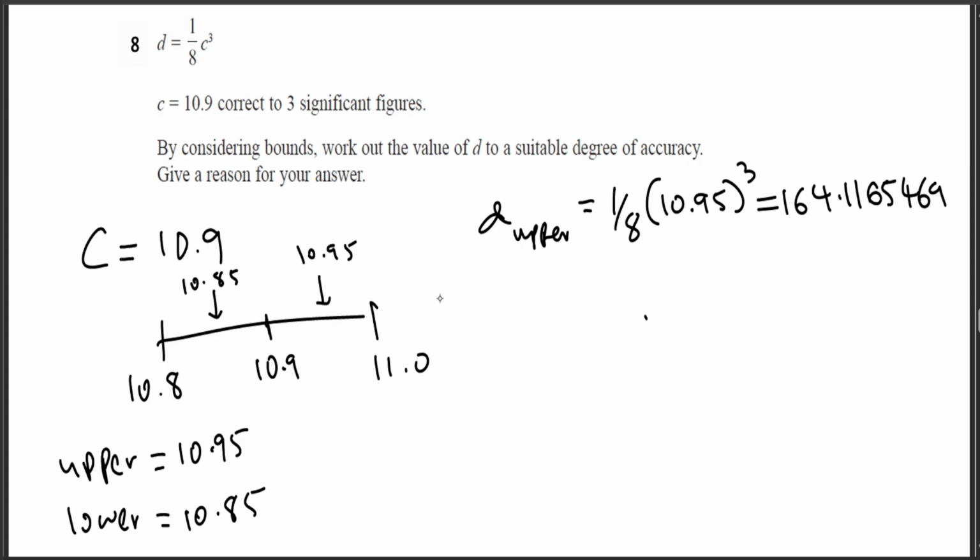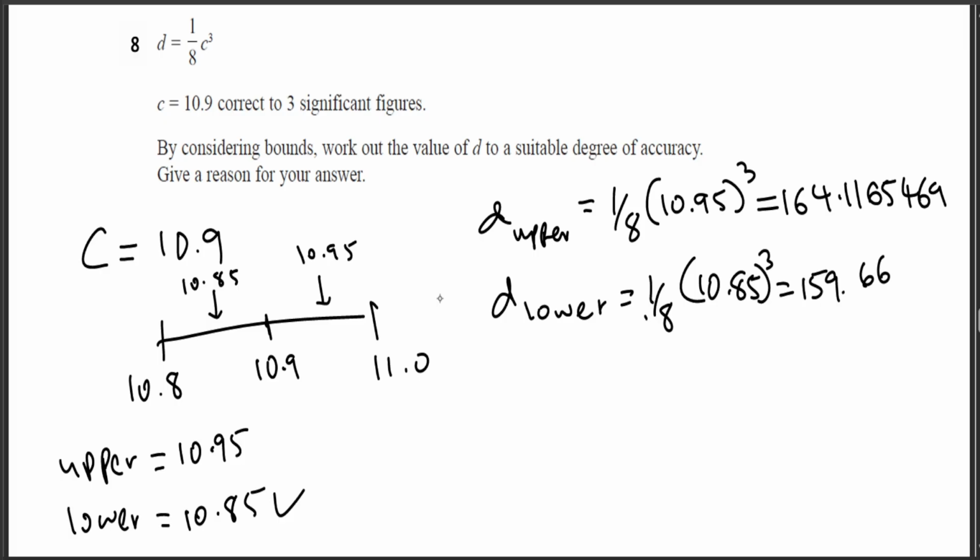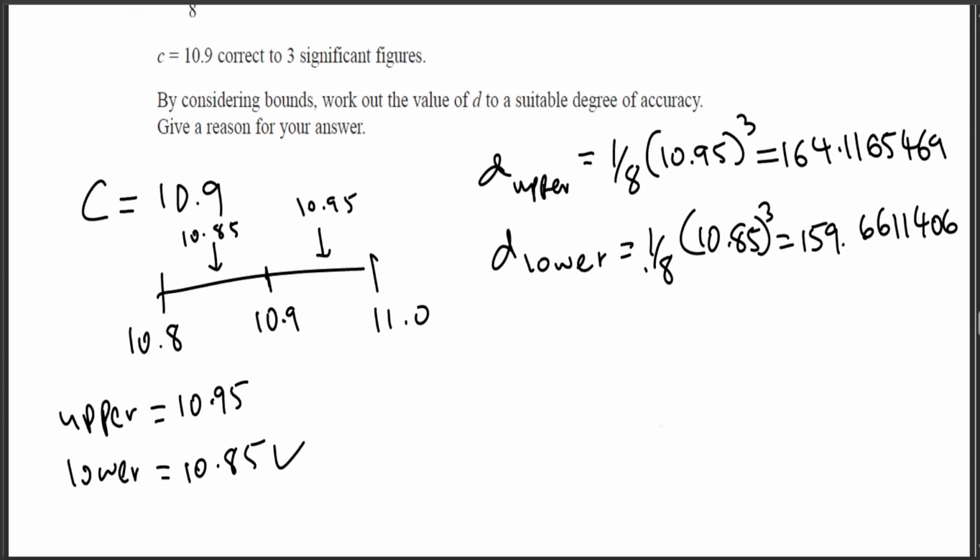You can write as many. Then we have d, the lower. So the lower is supposed to be 1/8 times the lower of c, 10.85 cubed. Let's see how much it's going to give us. 10.85 cubed times 1/8 is going to give us 159.6611406. Okay, so that is that.